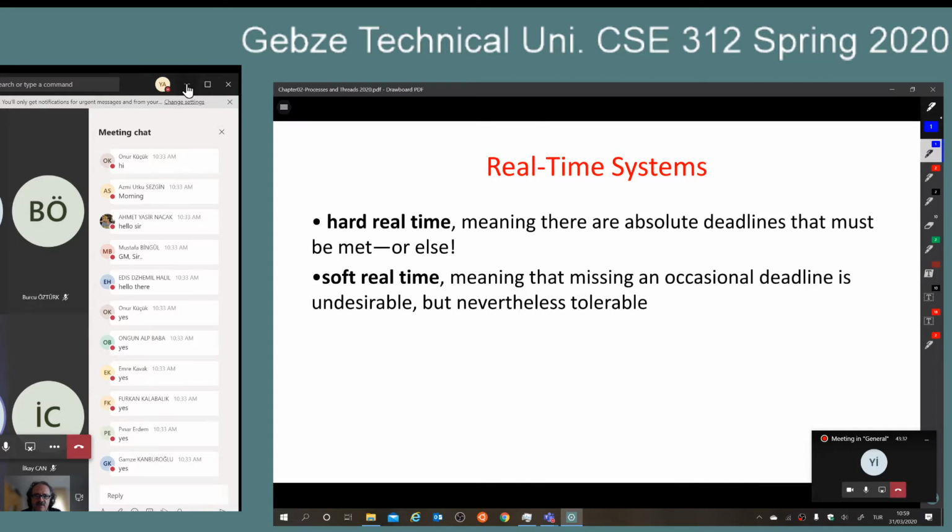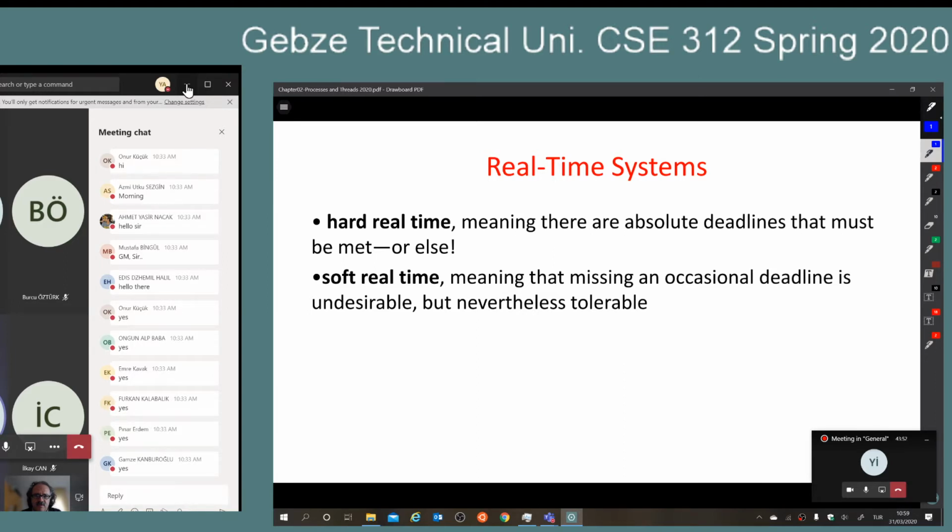Sometimes, for some cases, this is too strict. You might say that, okay, I like this feature, but this is too much. Maybe once in an hour, maybe once in 10 minutes, I can miss an occasional deadline. It is okay.